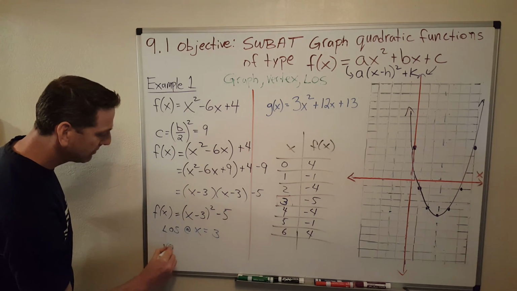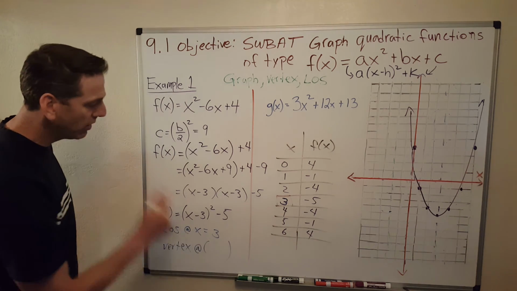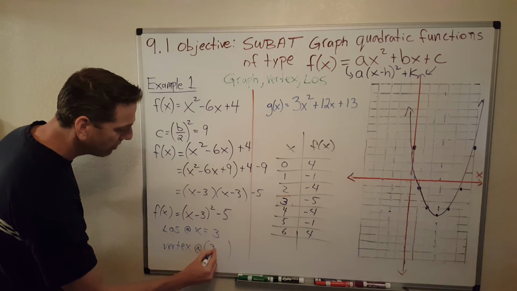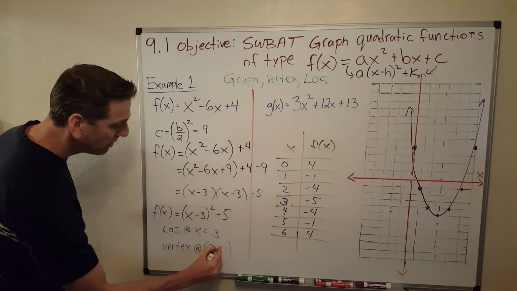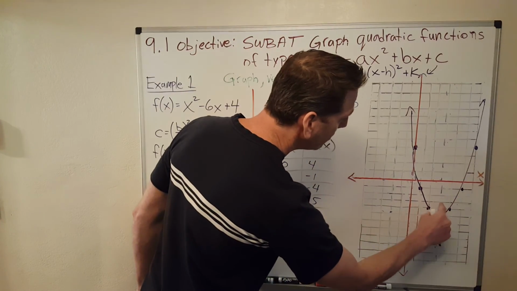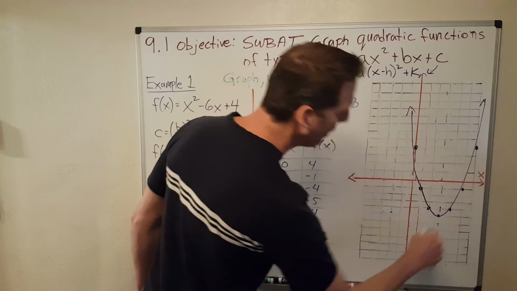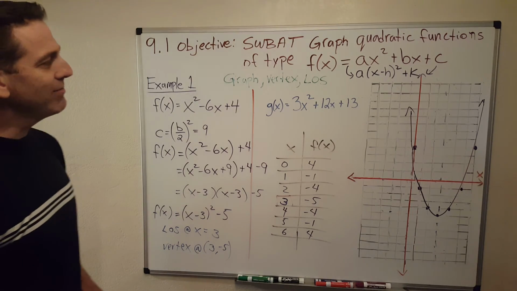Our vertex should be at 3. Right? 3 is the horizontal shift, and the vertical shift is negative 5. So it should be negative 5. Yes, it's 3 over and 5 down. Okay? So there you have it.